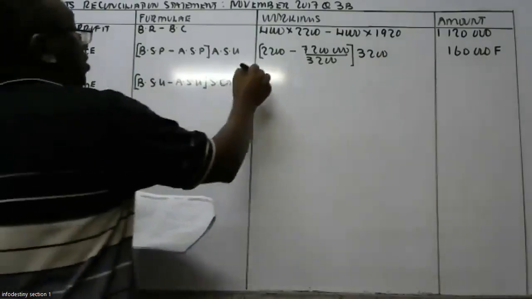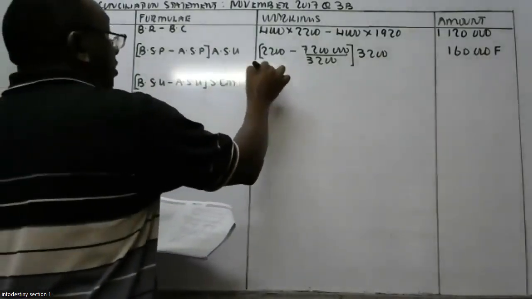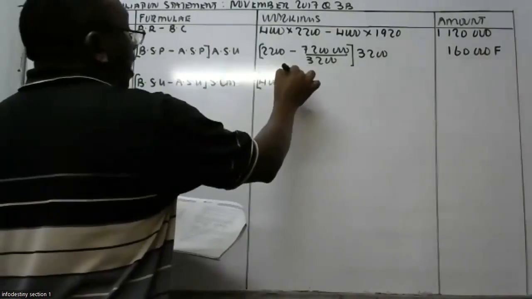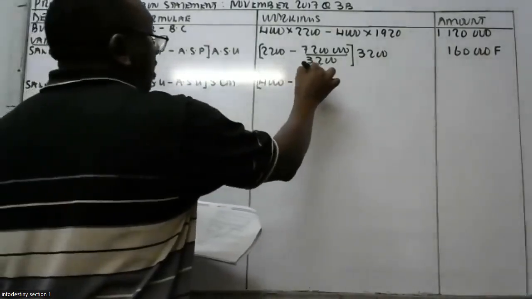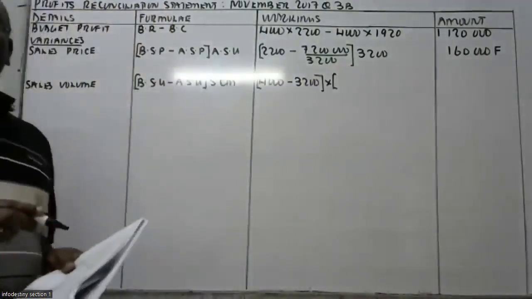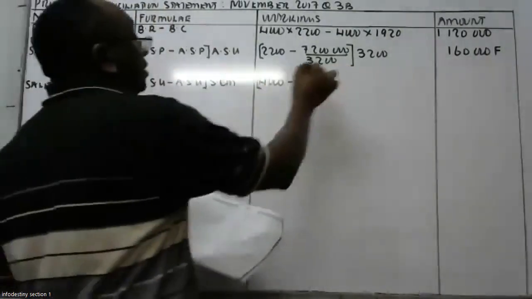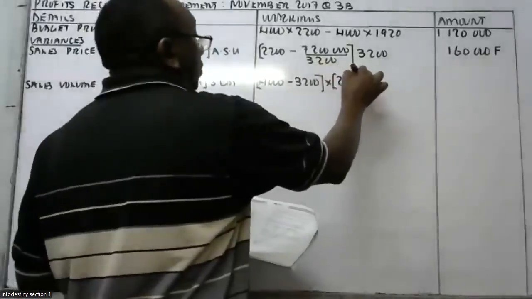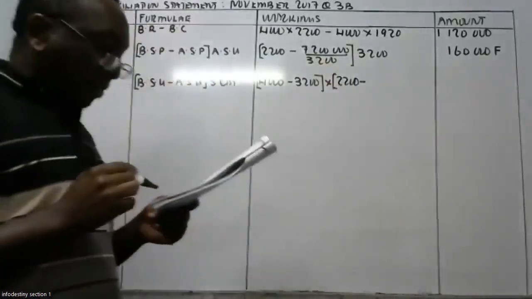So the budget sales was 4,000. The actual was 3,200. Contribution margin, we know it is the selling price, 2,200, minus the variable cost.